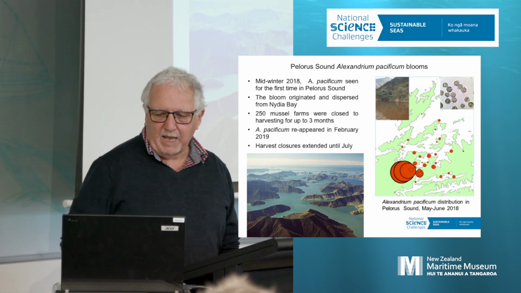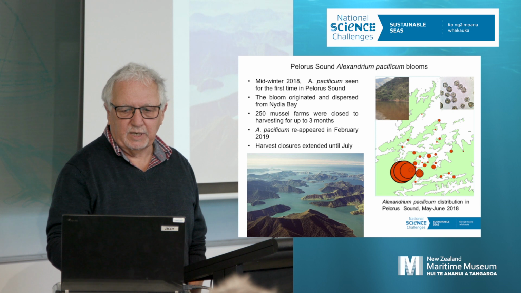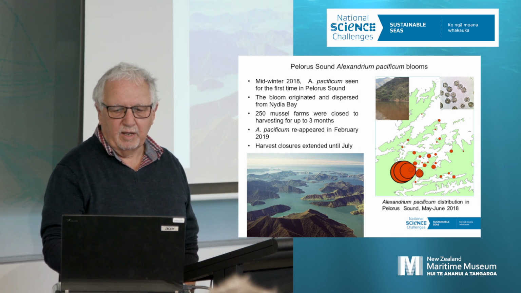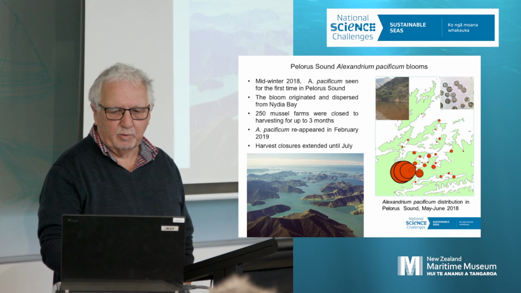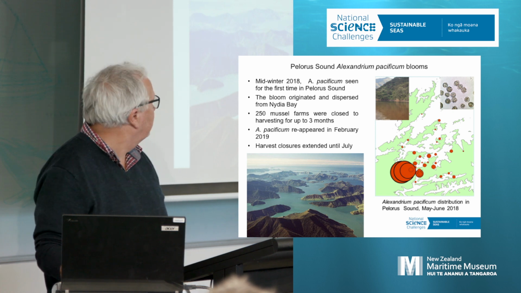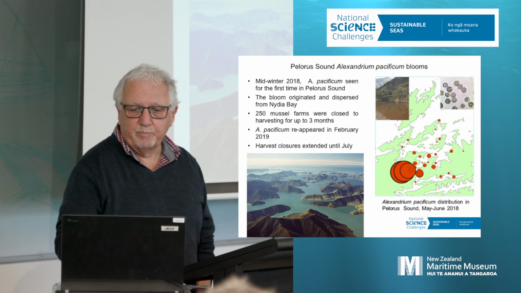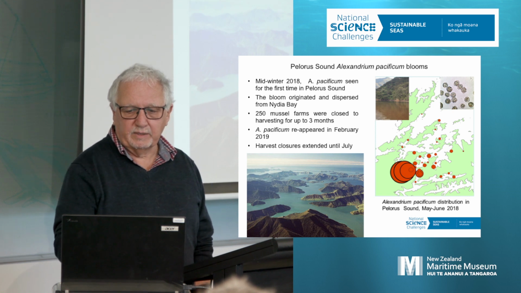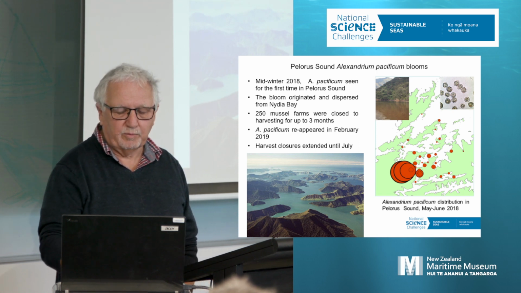The bloom appeared to originate, anyway, in a bay in the central part of Pelorus Sound here, indicated there, and then spread from there and contaminated shellfish throughout the whole rest of the sound.